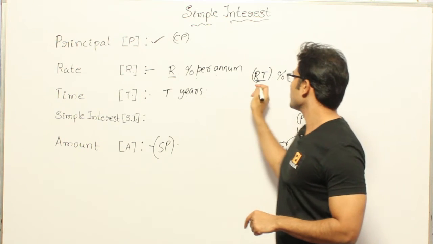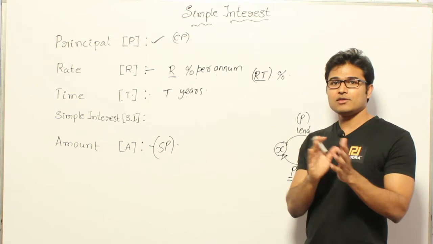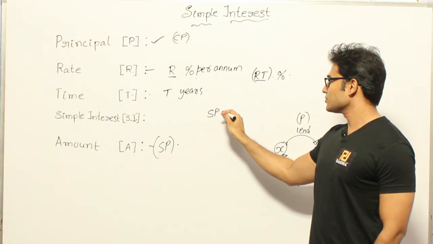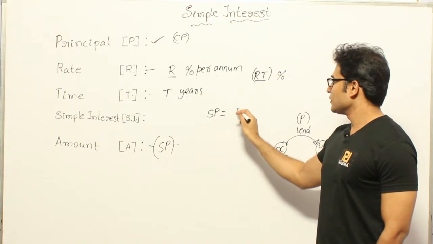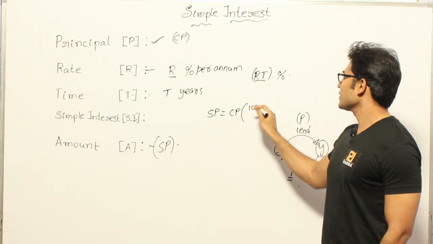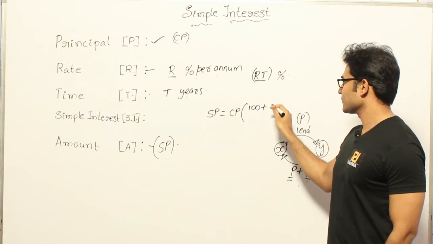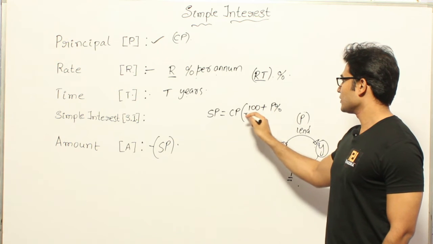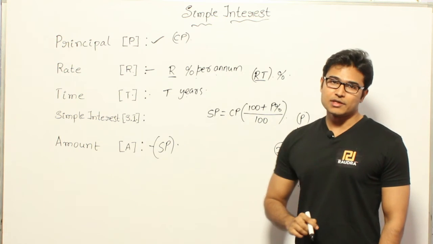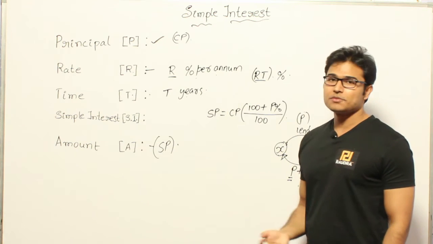And this is the profit you are making, RT. Now if you can write the formula appropriately, if you remember, we have the selling price in case we are going to make some profit is equal to cost price into 100 plus profit percent, divided by 100. Now just substitute those terms and see what you get here.